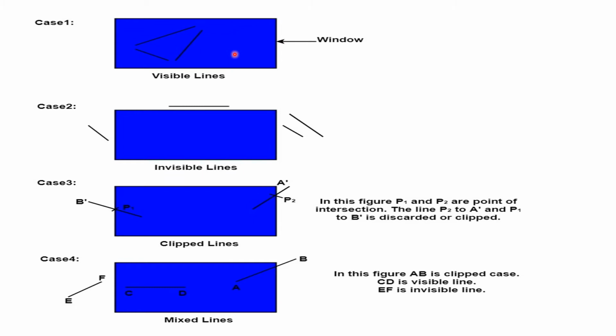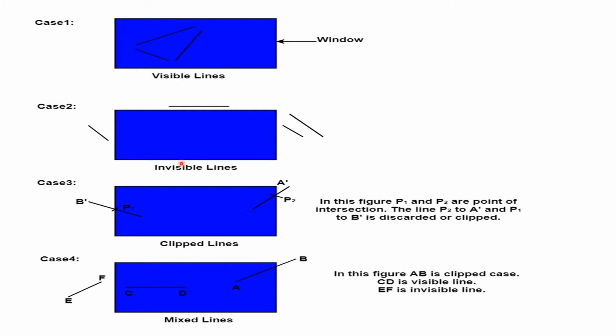So we are seeing them; they are visible lines. The second case is invisible lines. Here there are 1, 2, 3, 4 lines, but inside the window there is none. So invisible lines are present in case 2.